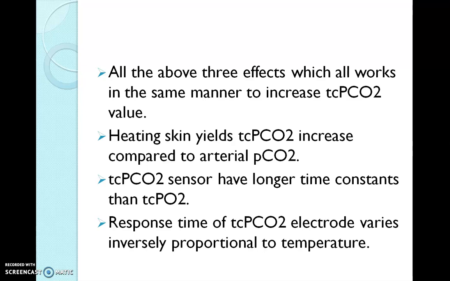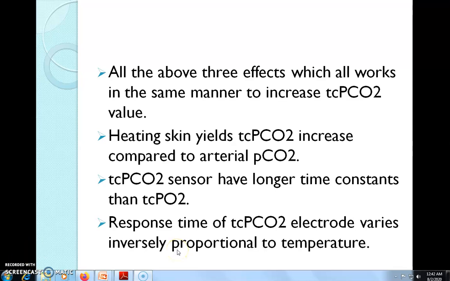The slope of the CO2 electrode calibration line is essentially that of the Nernst equation. A 2-point calibration, as for the PO2 electrode, is not needed.